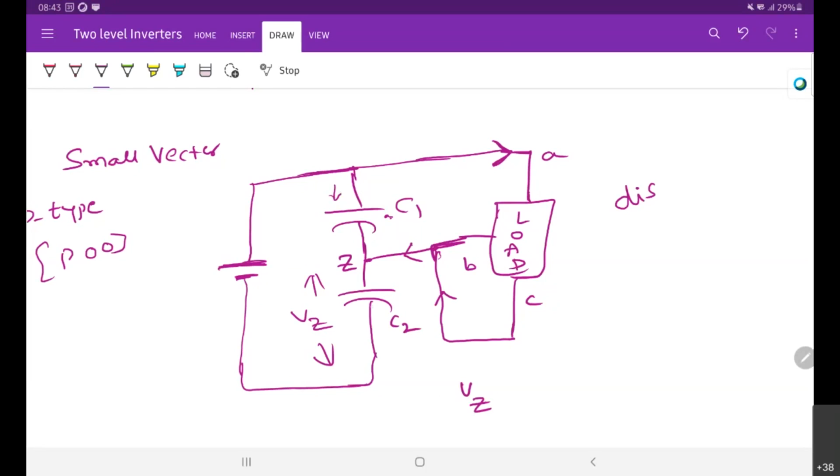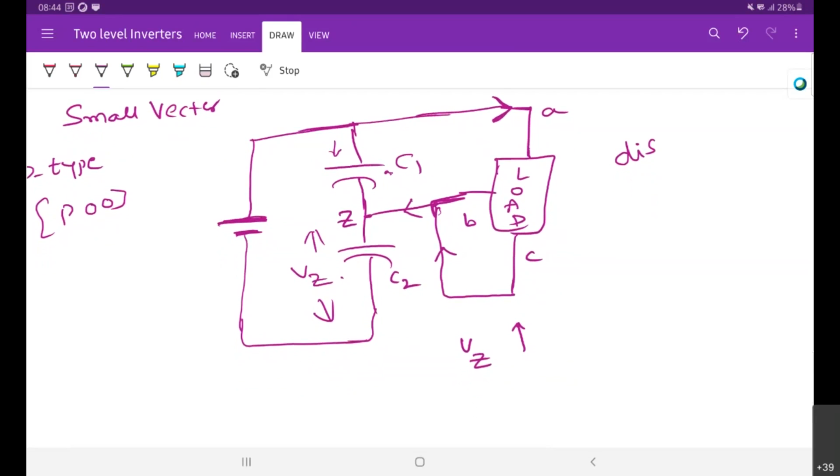We assume the sum of these two voltages, VC1 and VC2, is equal to this fixed DC source. So in that case, obviously this capacitor VZ voltage increases. Agree? Clear? So this capacitor voltage increases. It's clear?